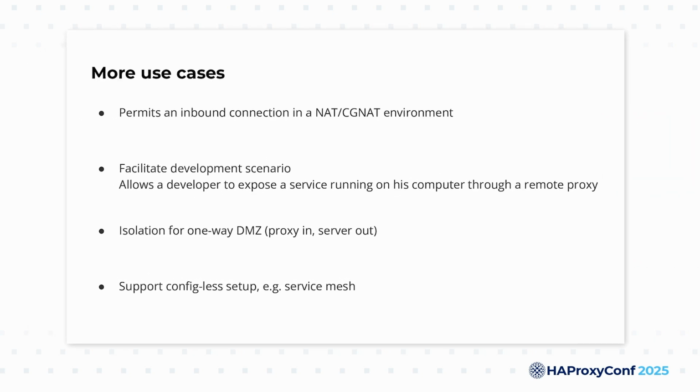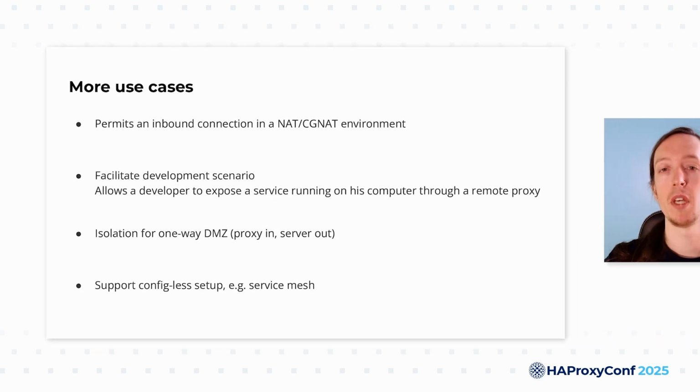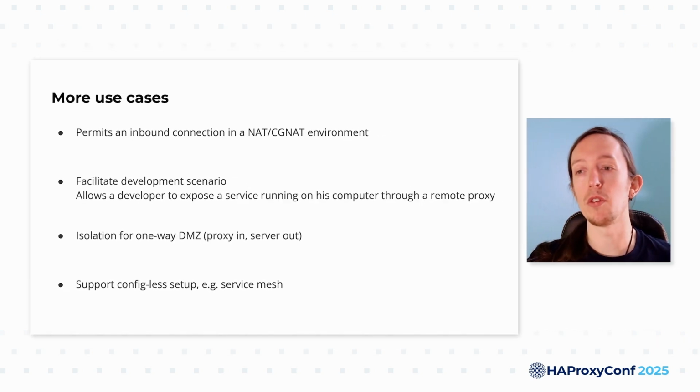Reverse HTTP is also useful in a security context, in particular when the HAProxy gateway is installed in a DMZ environment. In the case of reverse HTTP, HAProxy does not initiate any connection on its own. This is the responsibility of the service to connect first to HAProxy. So this means there is no outgoing connection from the DMZ.